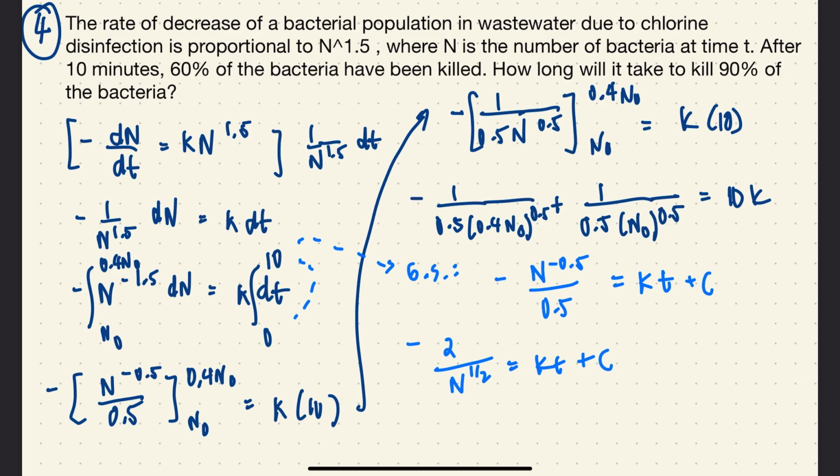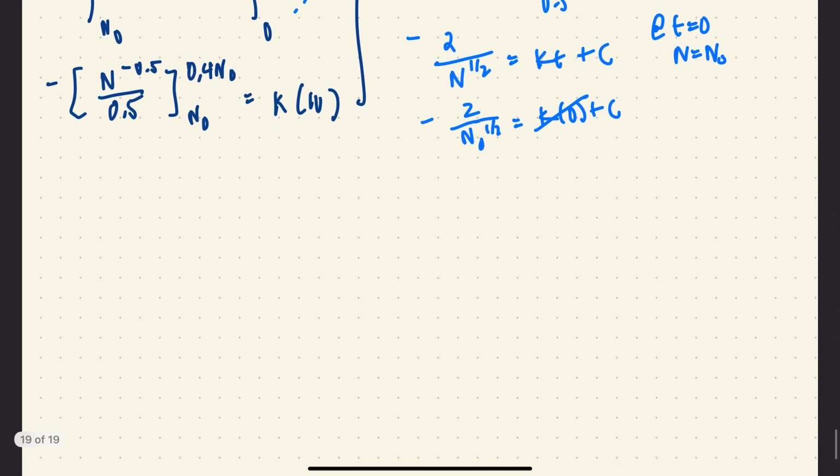Okay. So at time 0, your n is also n0. So we can solve for c with that. So it becomes negative 2 over n0 raised to 1 half is equal to k times 0 plus c. So your c is simply negative 2 over n0 raised to 1 half, or negative 2 over square root of n0.